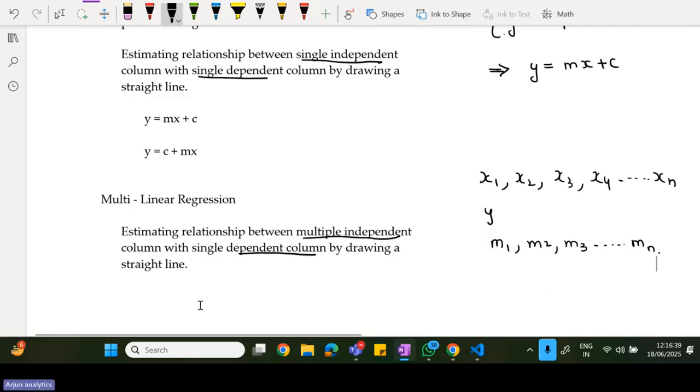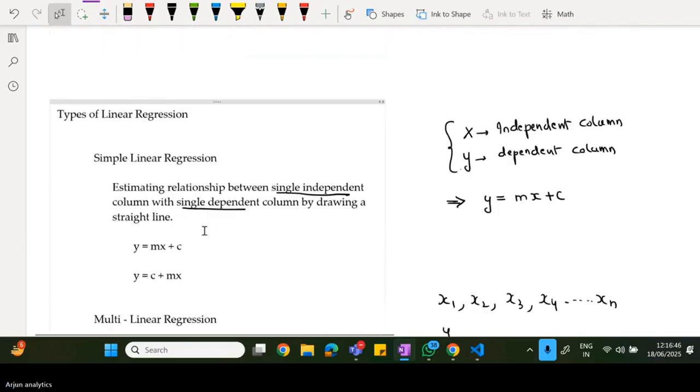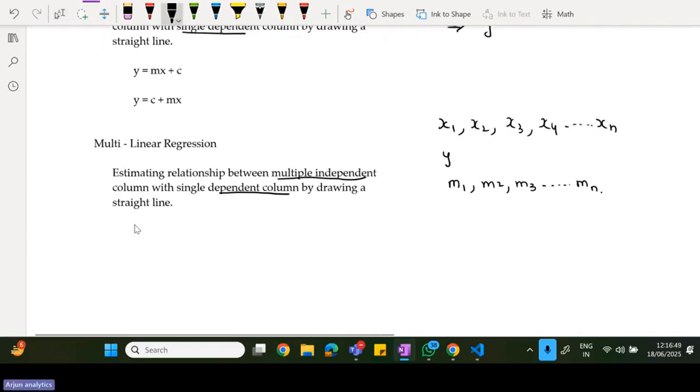So here my equation will become y equals c, I'm keeping the constant, plus m1 x1 plus m2 x2, and so on till mn xn.